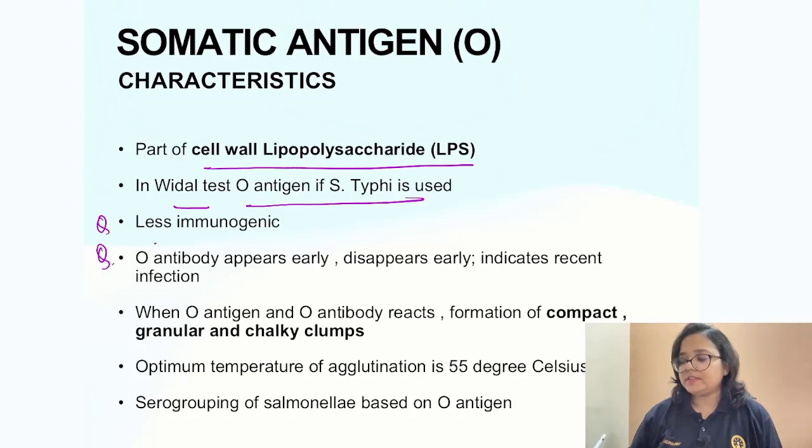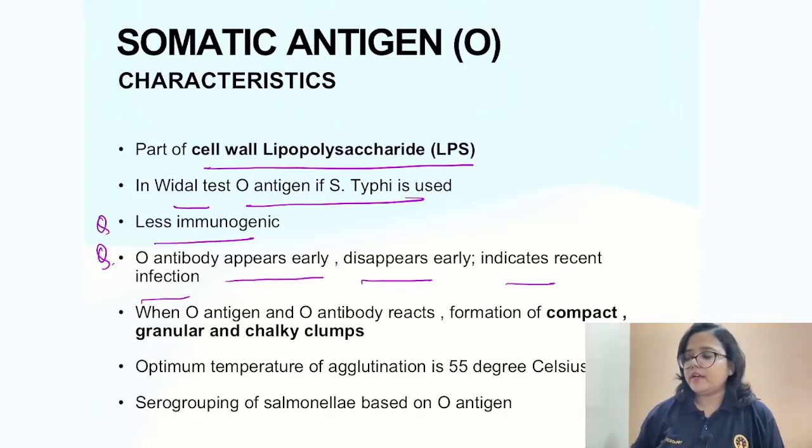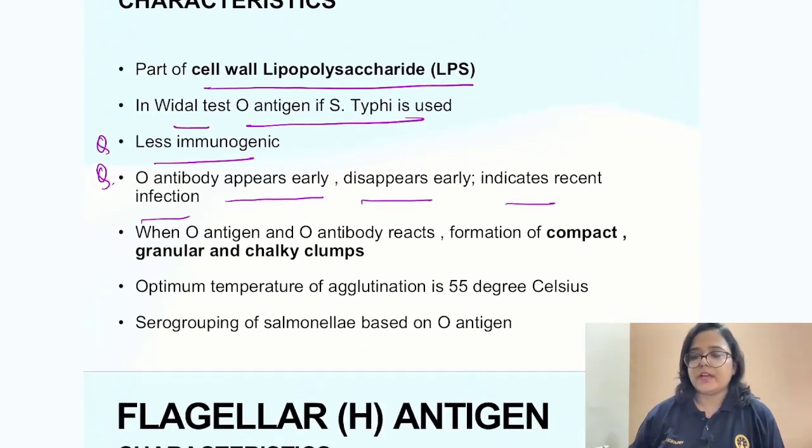The next two following points are very important multiple choice questions. The O antigen is less immunogenic, and the antibody to the O antigen appears early and disappears early, therefore it indicates recent infection. When the O antigen and O antibody react, we form compact, granular and chalky clumps.